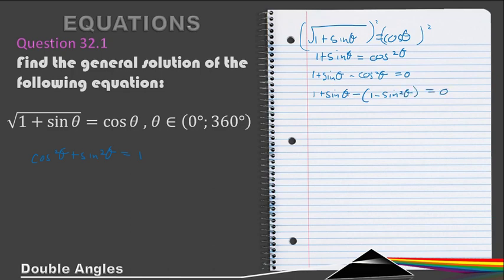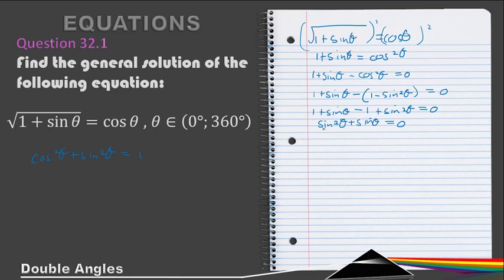To simplify that, we multiply the bracket out. So we have 1 plus sine theta minus 1 plus sine squared theta equal to 0. Then the 1 and the minus 1 become 0, and if I rearrange this, we are left with sine squared theta plus sine theta equal to 0.